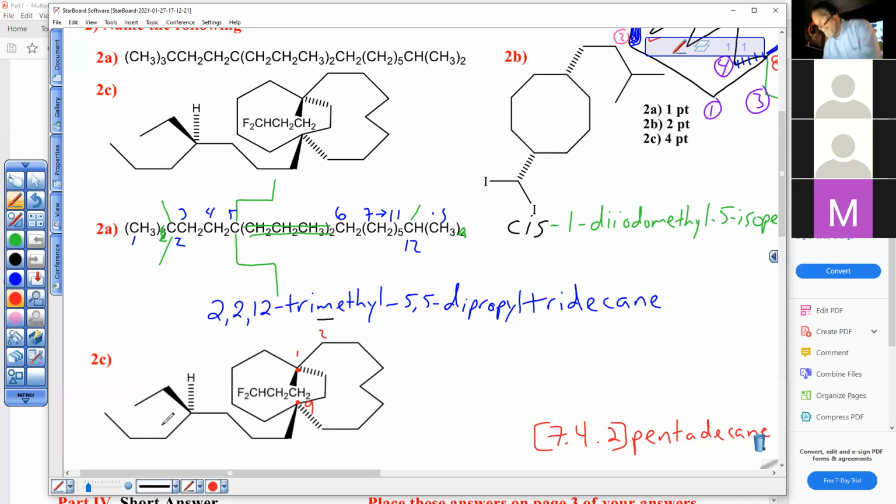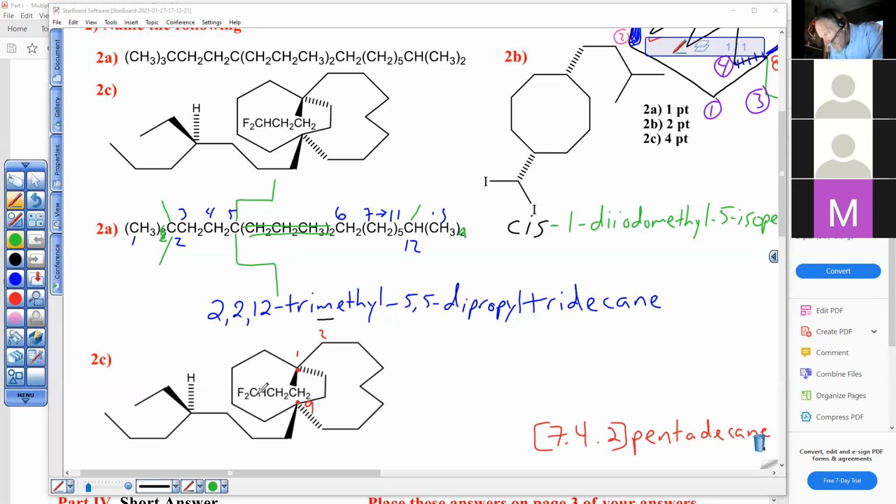Okay. Let's do the stereo center on 1. We'll do it in green. There's CH2s once, twice, C branched. CH2 once, twice, C. Oh, doesn't matter about branching here. Let's compare this C, which is how many from the stereo center? 1, 2, 3. Third C from the stereo center here versus 1, 2, third C from the stereo center here. I have one simple question comparing these two Cs.